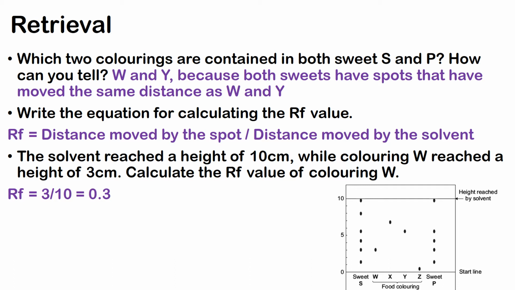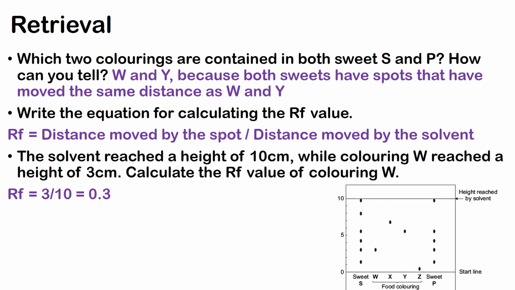Y, we've got a matching spot in sweet S and a matching spot in sweet P. And then Z, we've got no matching spots in either sweet. So the 2 that are contained in both sweets are W and Y.